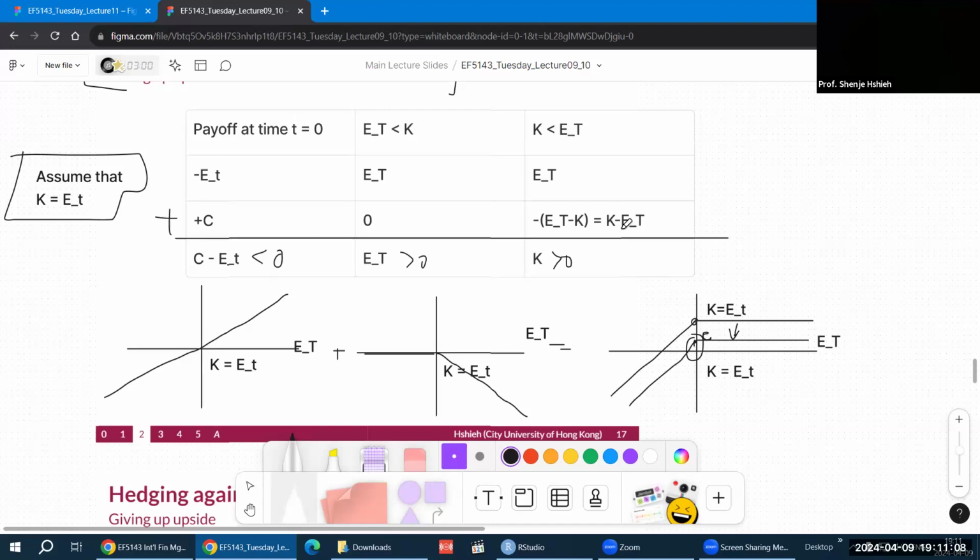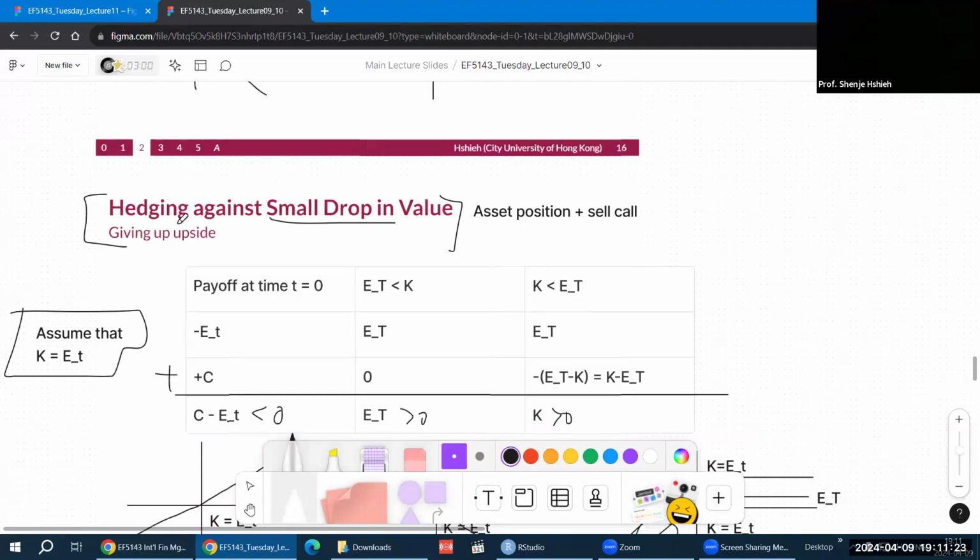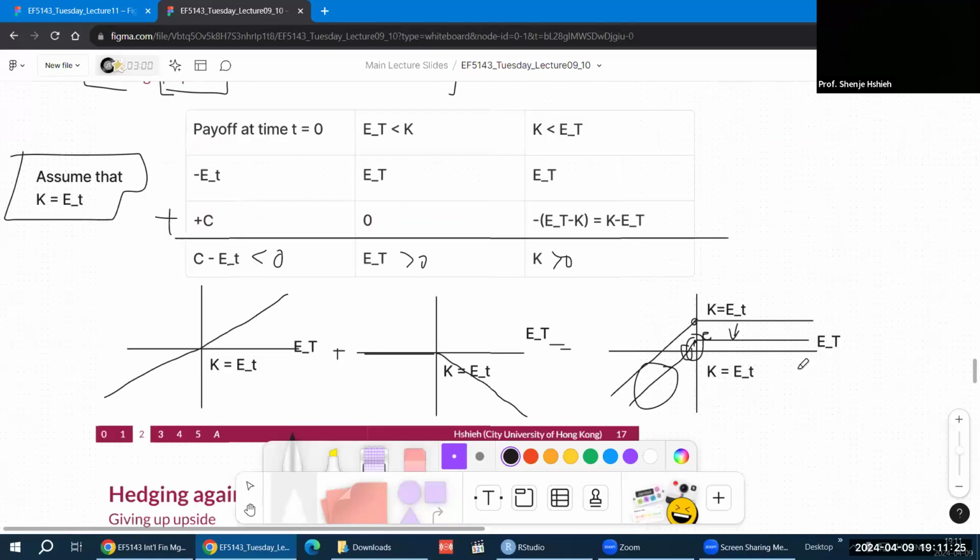Your overall payoff is still positive. But large drops, you're getting hurt for sure. So you have to know exactly where this point intersects the horizontal line, in which you are no longer profitable. We are giving up the upside given this bet. So here we see that our payoff is capped.